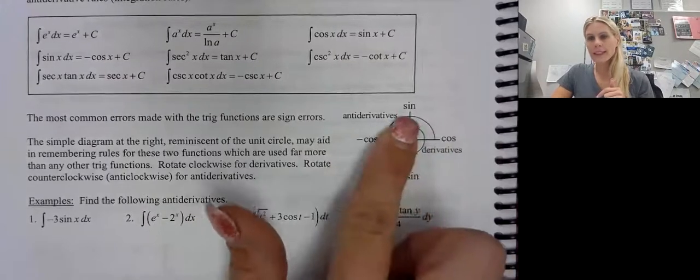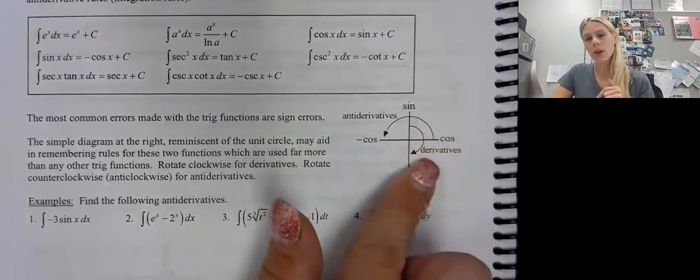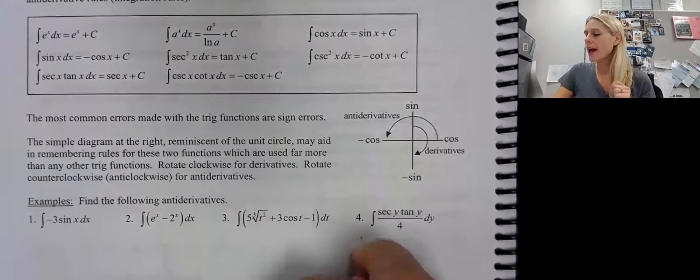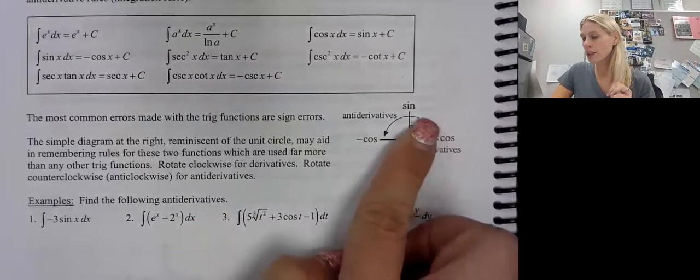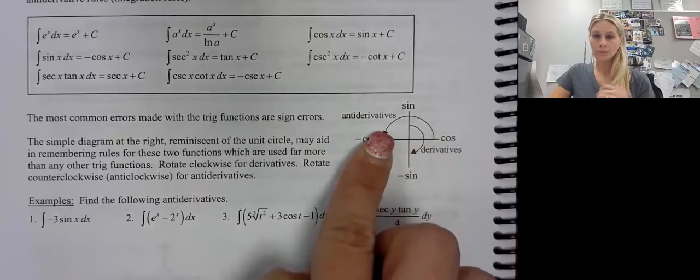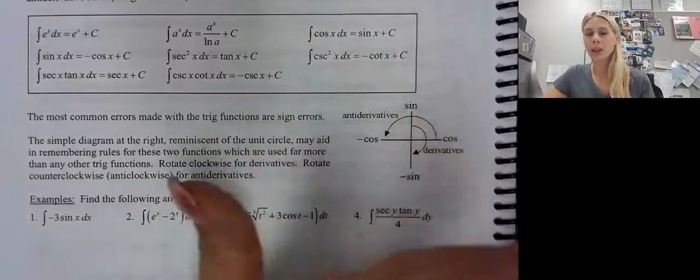As you can see, sine goes to cosine, and that's positive, where cosine goes down below, and that's negative. But if we go the other way, our positive cosine goes to a positive sine, our positive sine goes to a negative cosine. You can memorize them just from there.